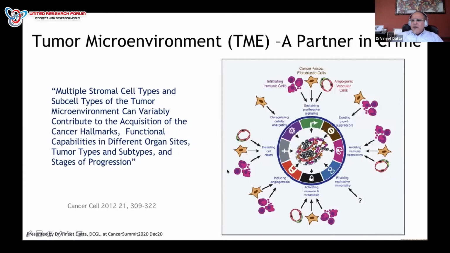And we had a very interesting insight into the tumor microenvironment that came through looking at how that could be a partner in crime, in terms of multiple stromal cell types and subtypes that would contribute to the acquisition of the cancer hallmarks. It's become quite evident over the past decade that most, if not all, malignancies contain a heterogeneous subpopulation of cancer cells, including the stem-like properties of the cancer stem cells.